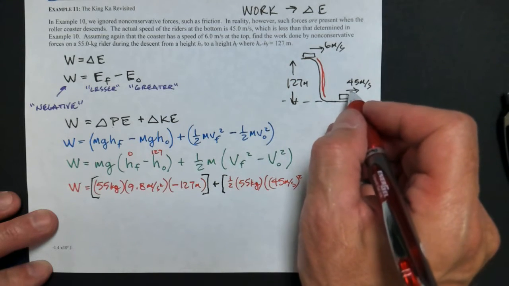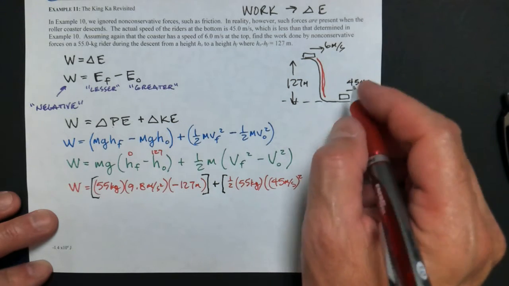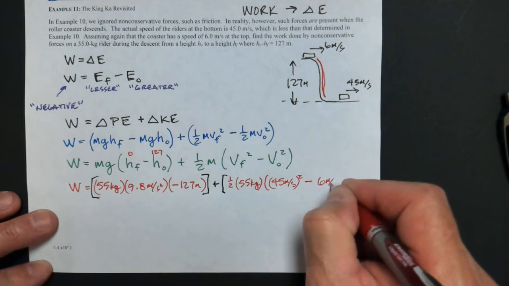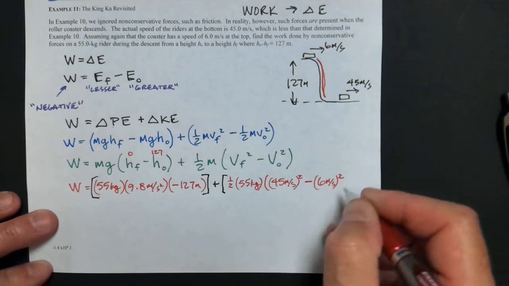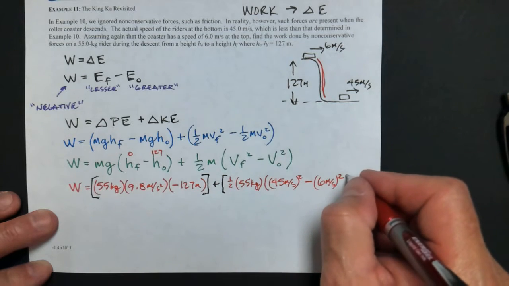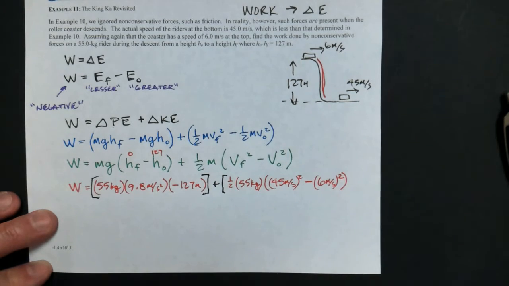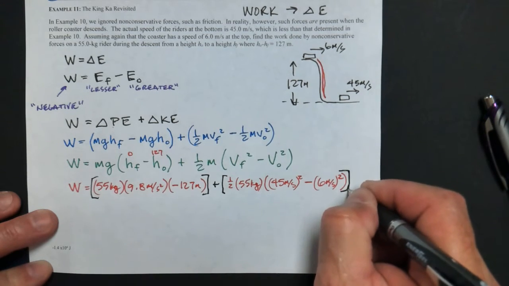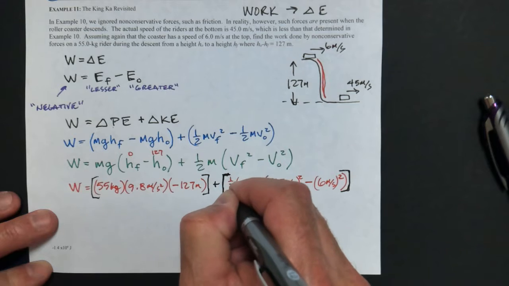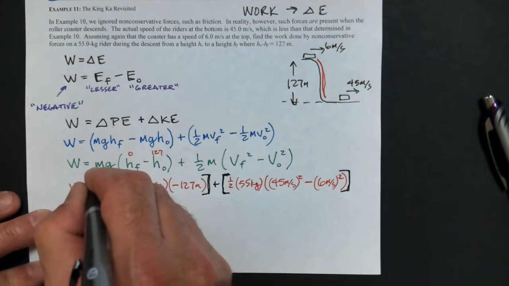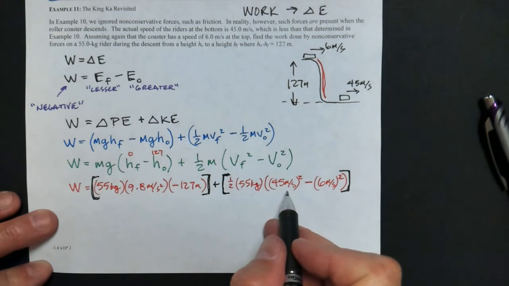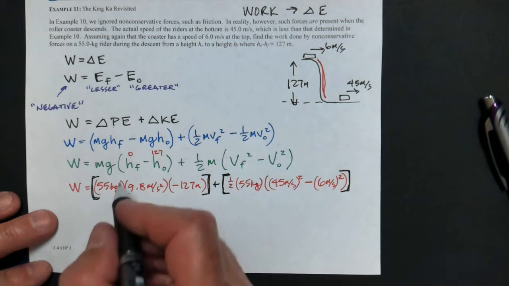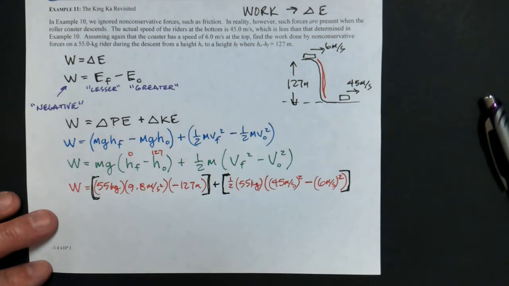That's the velocity contributing to the final kinetic energy, minus the initial 6 meters per second squared, which contributes to the initial kinetic energy. Okay, and then we're going to put that in brackets. So these black brackets represent the changes in potential here and kinetic here, total. We said the final height was 0, so this is just negative 127.